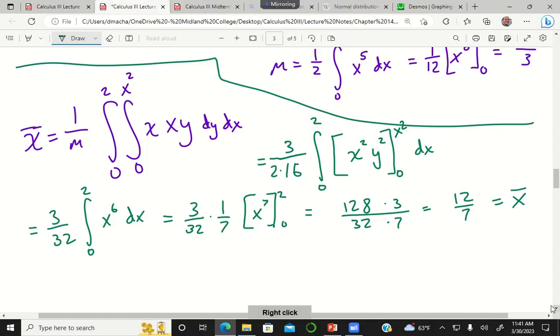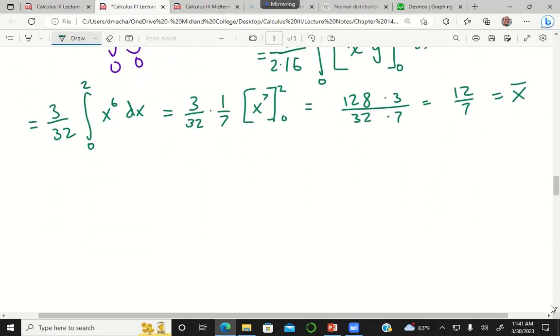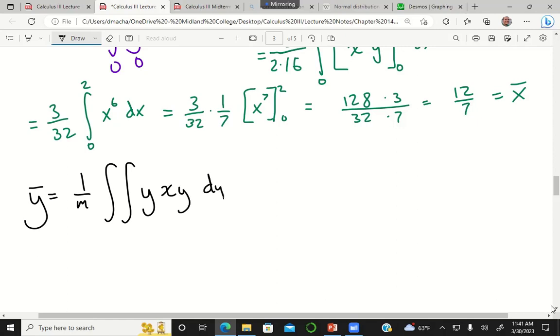The y-coordinate is, of course, going to be very similar. The y-coordinate is 1/m times the double integral of, this time, y times my density function, dy dx, where again x is allowed to go from 0 to 2 and y is allowed to go from 0 to x squared. And then 1/m is 3/16 integral 0 to 2.